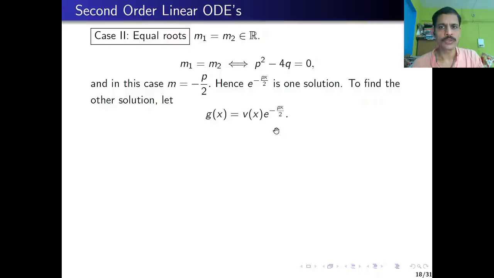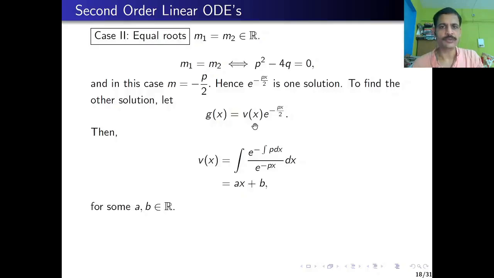So we use the method of reduction of order. There we have learned that if we know one solution, the other solution, namely g(x), we can find by writing the second solution as v(x) times e raised to minus px by 2 and then determining v(x).